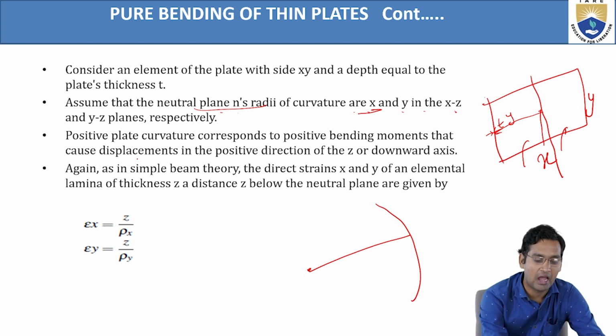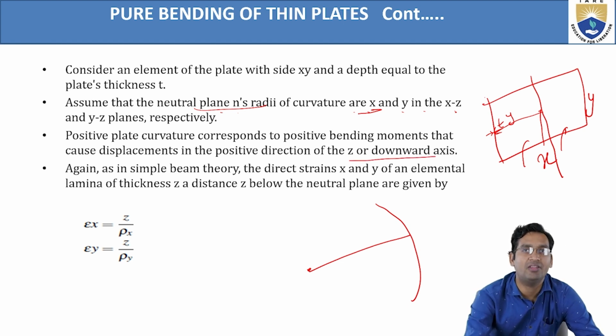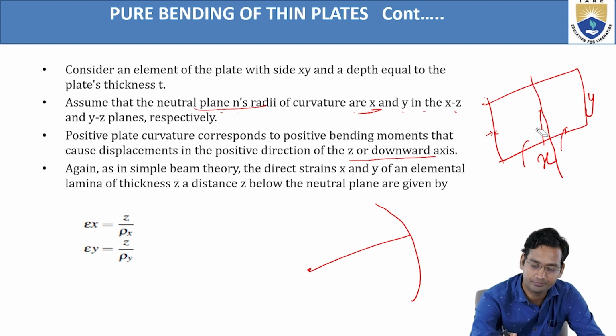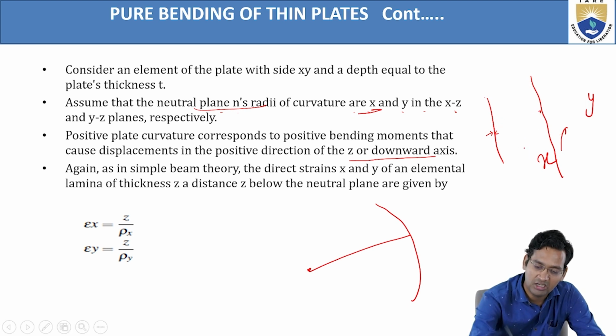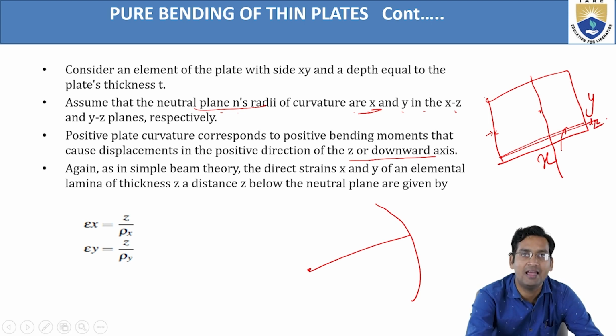Displacement in the positive direction of z, or the downward axis. Again, as in simple beam theory, consider the direct strains in x and y of an elemental lamina of thickness dz. Here we take a small elemental strip at a distance z below the neutral plane.